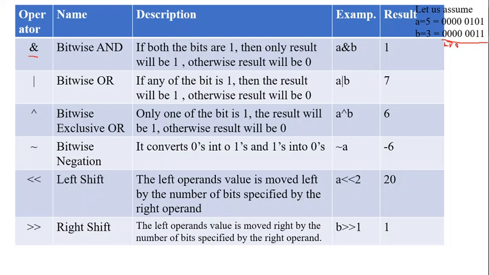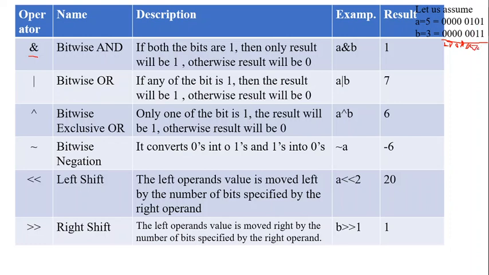Here also 0 0 means 0. 1 0 means 0 only, because if both the bits are 1, then only the result will be 1. Otherwise the result will be 0. Here this is 1, this is 0, so the result will be 0.